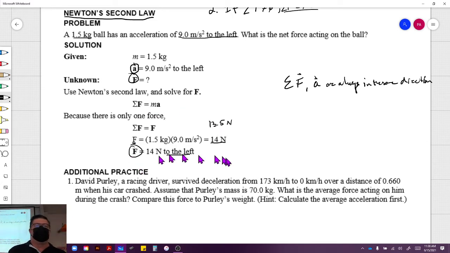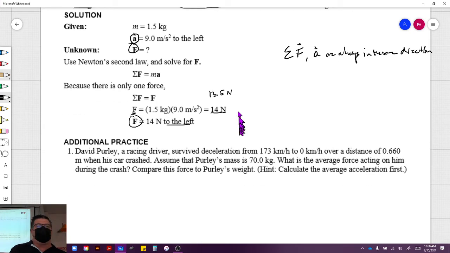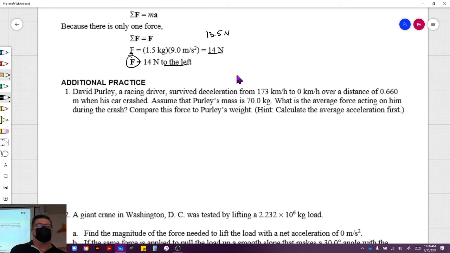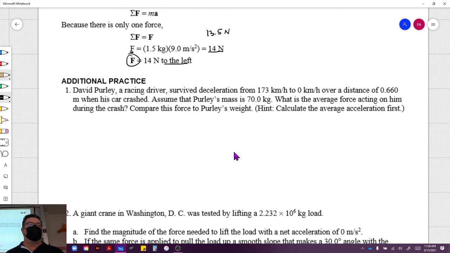All right, so we are going to start with our first example here. David Purley, a racing driver, survived deceleration. I hate this term. This really just means negative acceleration. From 173 kilometers per hour to 0 kilometers per hour over a distance of 0.66 meters.